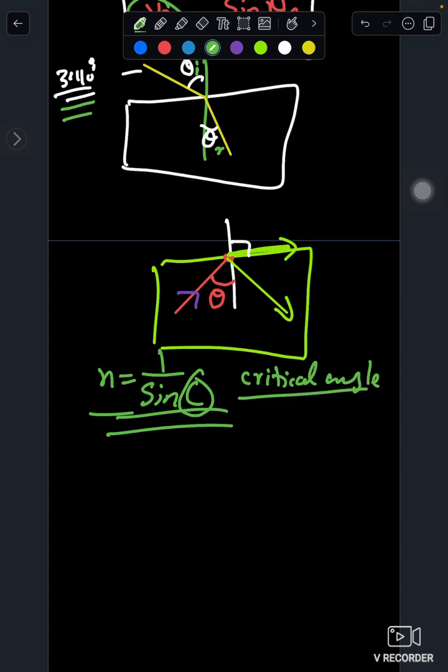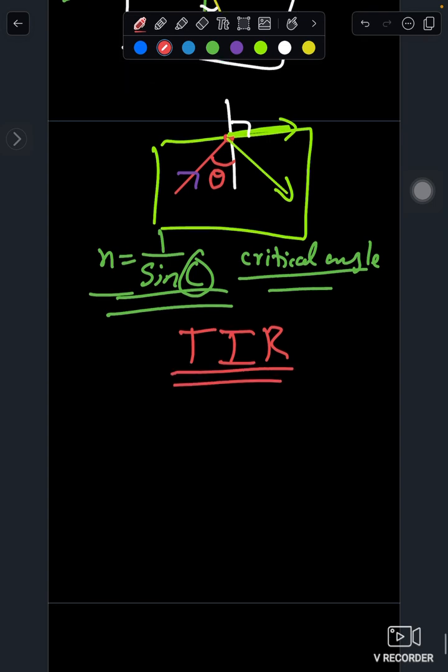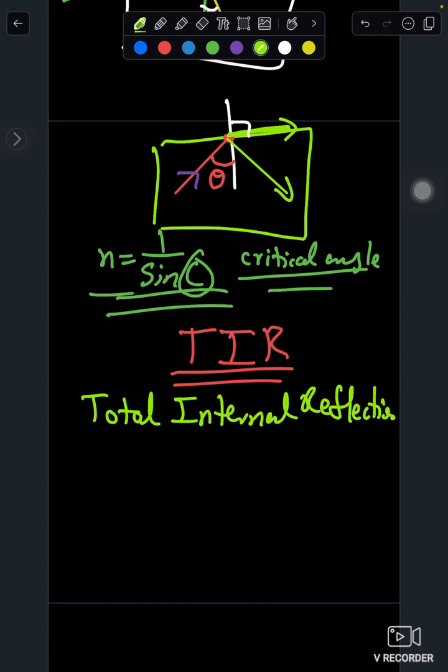What this means is that any angle above this will cause the light to fully reflect, and we call this TIR. What is TIR? Total internal reflection.